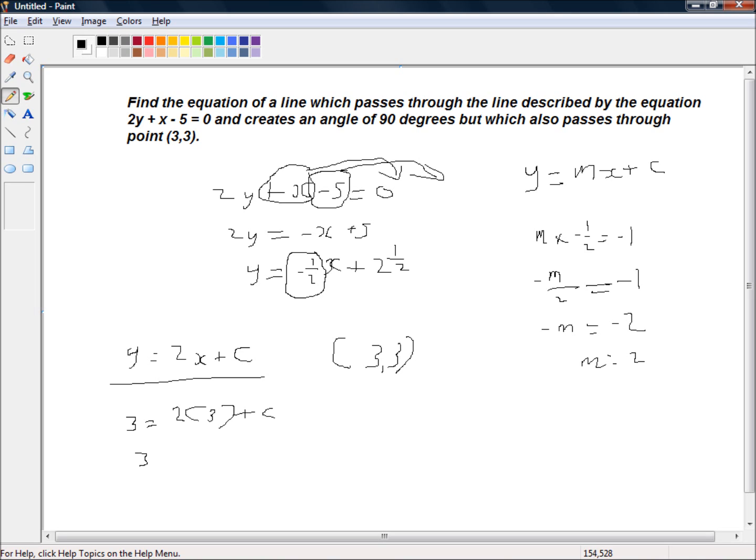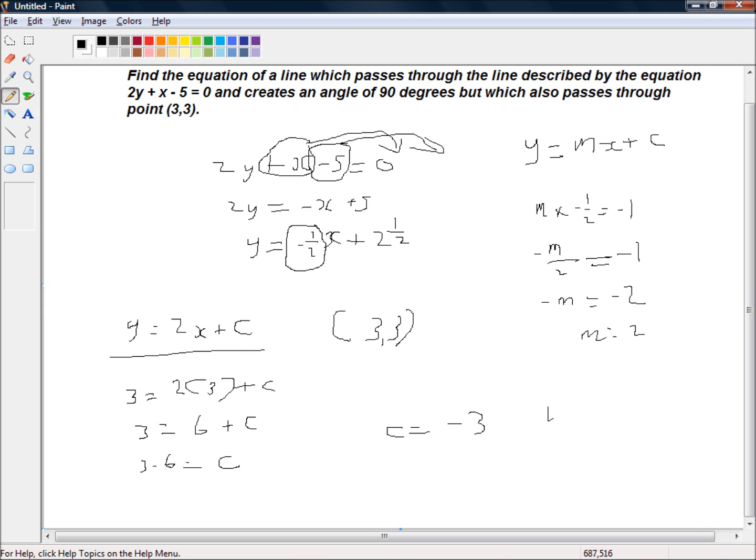So 3 is equal to 6 plus c. So 3 minus 6 is equal to c. So c is equal to -3. So the equation of the line we're looking for is y equals 2x minus 3.